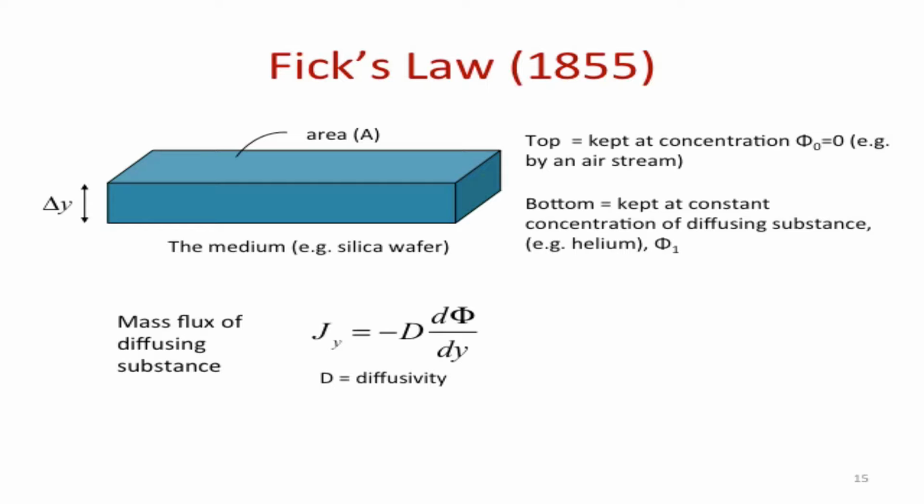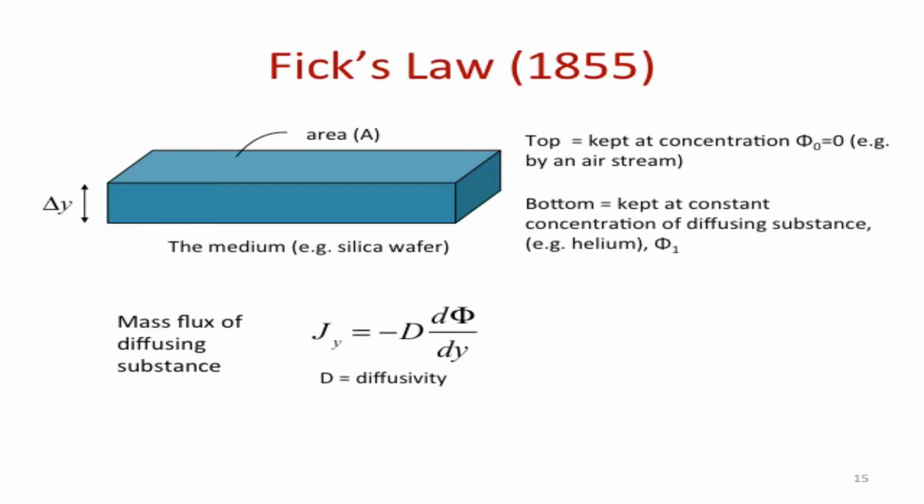Then the mass flux of something diffusing through that silica wafer, it could be helium, for instance, that's the simplest one, is proportional, and D is my coefficient of proportionality called diffusivity. And I'm going to look at a gradient in this concentration.